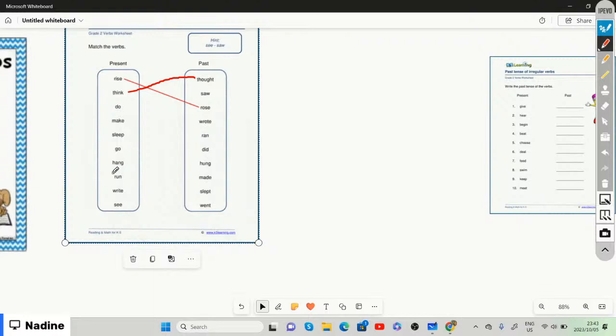Do is in the present. It's something that we are doing now. Do. And in the past, the past of do is did. So I do something now, but I did it early on.